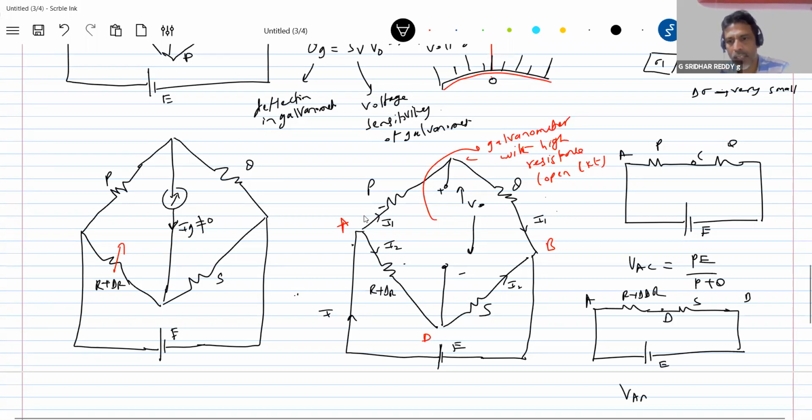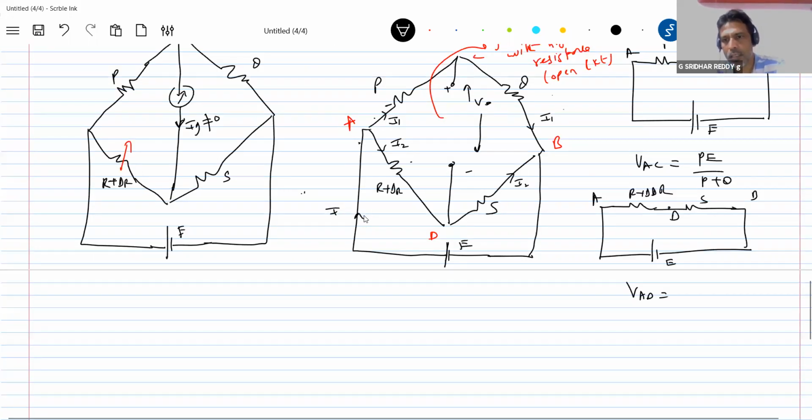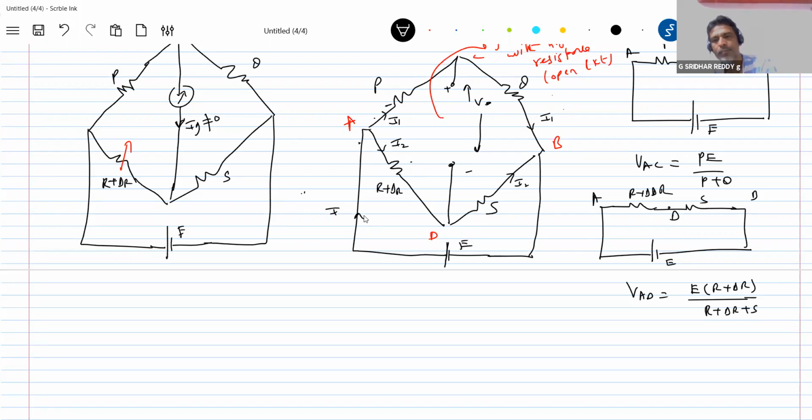What is VAD? VAD is equal to E into R plus delta R by R plus delta R plus S. Okay, this is about the initial background.